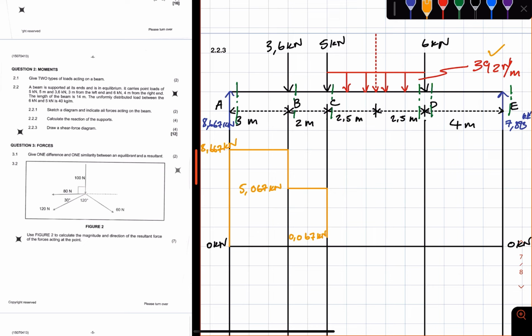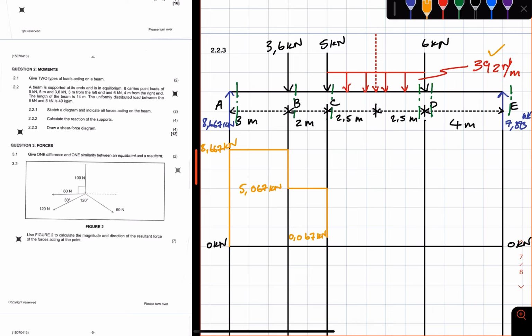Now, because once you've resolved the UDL into its weight, the weight is acting downward, right, we are going to subtract the weight of the UDL in this span from the 0,067, right?